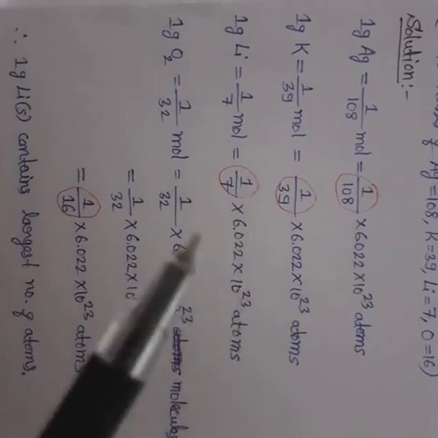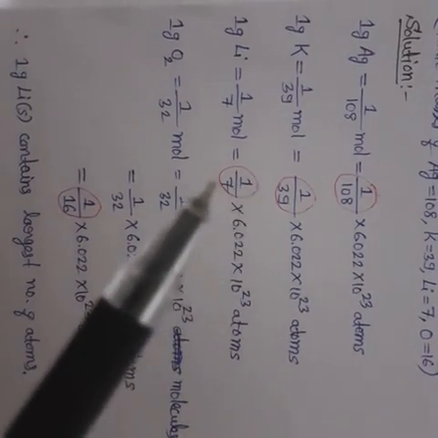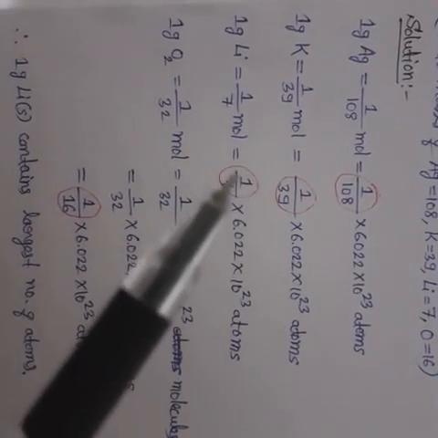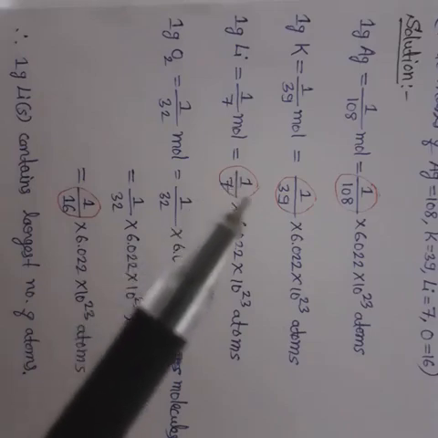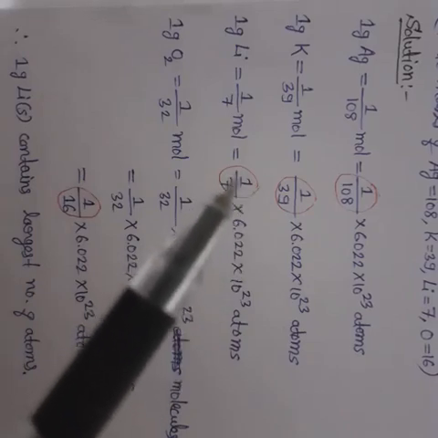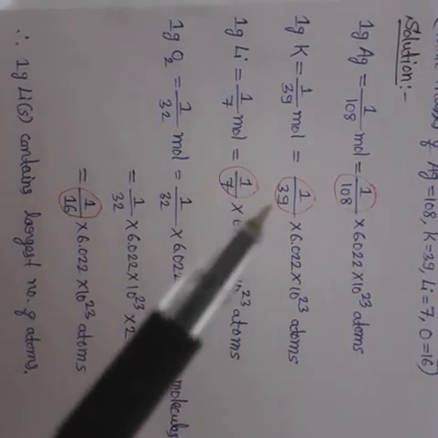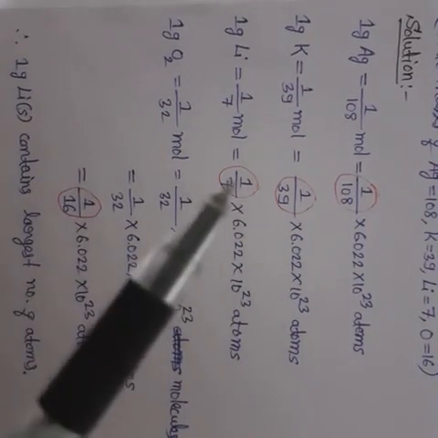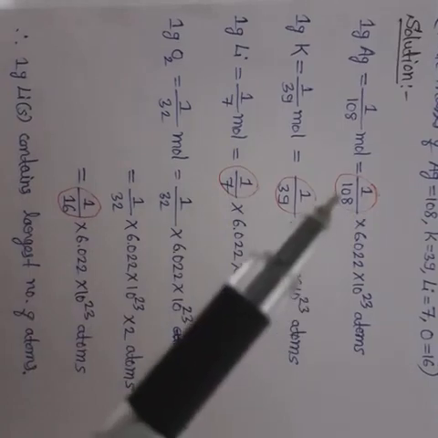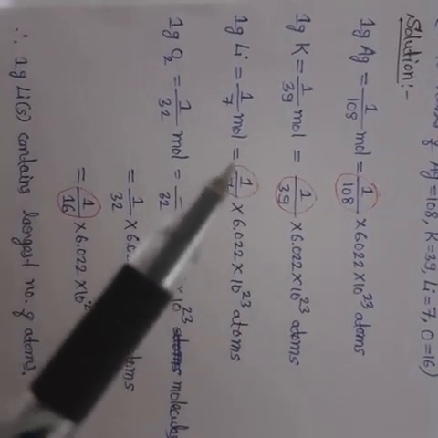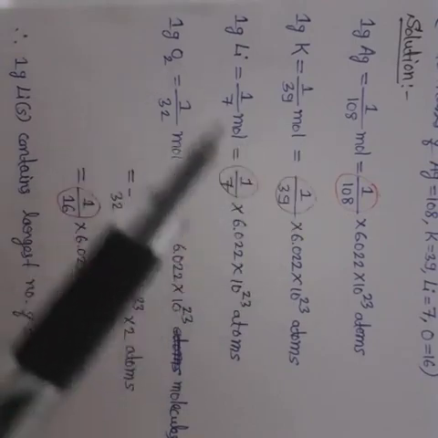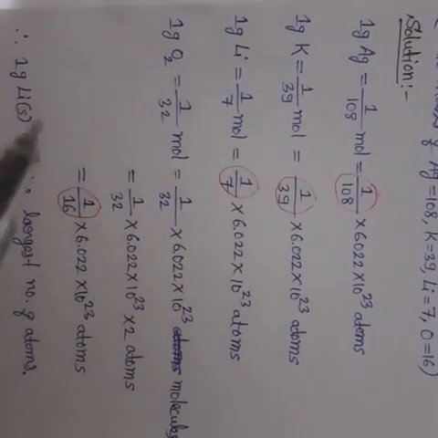Here the smallest value in the denominator is 7. This value becomes more compared to the others, because in the denominator 7 is there, but here 108 is there, 39 is there, 16 is there. This will give the highest value among these four, hence 1 gram of lithium contains the largest number of atoms.